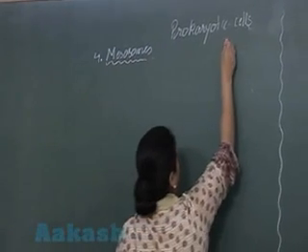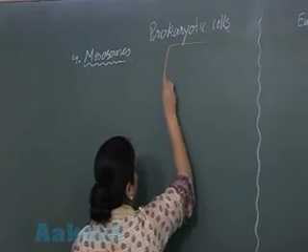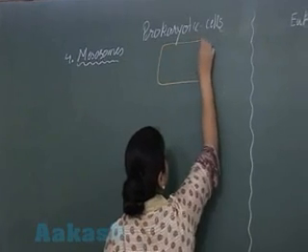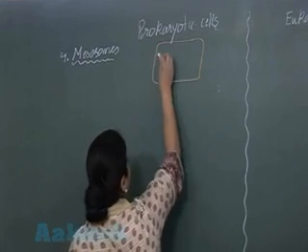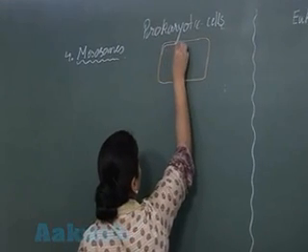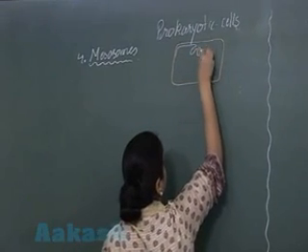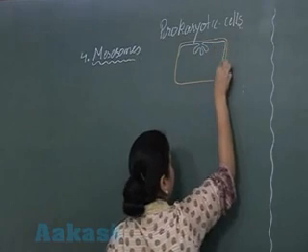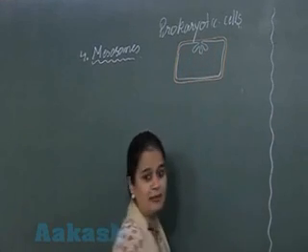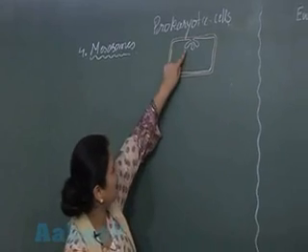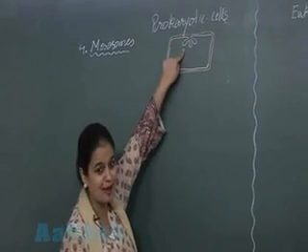In this bacterial cell, I have made the cell wall, right. Inner to the cell wall there is presence of the plasma membrane, and you can see here the ingrowths of the plasma membrane.